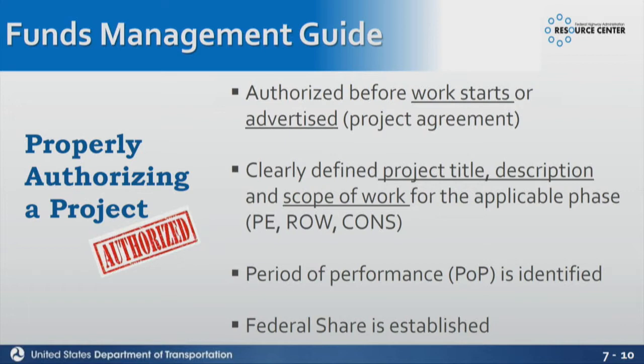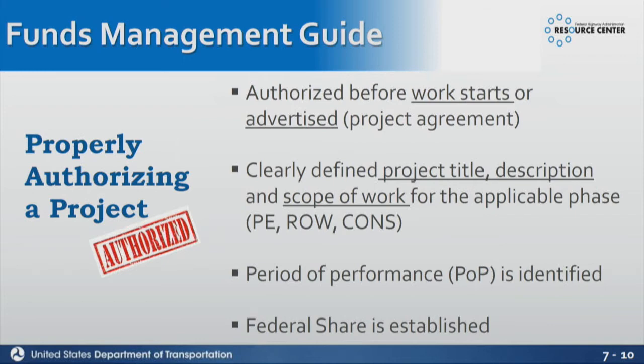Sometimes you may not even be able to advertise. If there's a big ER event, you need to get somebody in there to clear the road or something to make it safe for the public to drive on, you may not have the opportunity to advertise. And that's okay, but it's only in those circumstances. Everything else, you have to have at least a minimum 3-week ad, and you have to have authorization on the project before you even advertise.